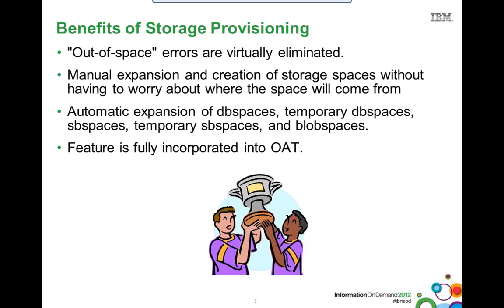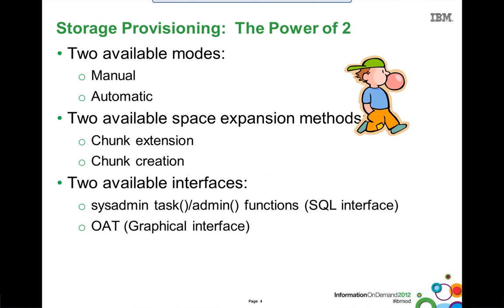There's really two ways to do most, if not all, of the storage provisioning functions. There's two modes available. You can have it done manually, where you as a DBA can say, go ahead and do this action, or you can have it set up to go automatically. Put the policies in effect and then just have it run automatically. One thing we're used to here is two available space expansion methods.